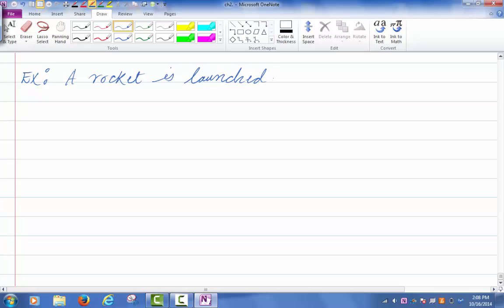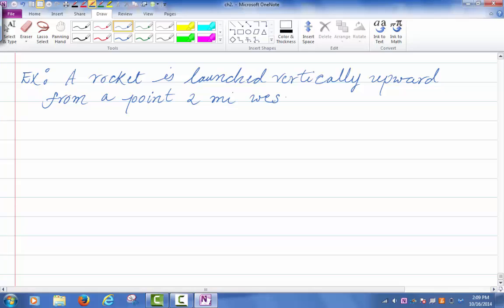A rocket is launched vertically upward from a point 2 miles west of an observer on the ground.